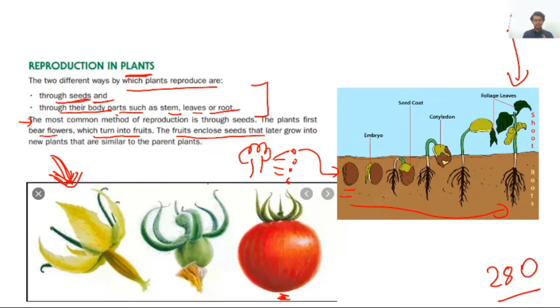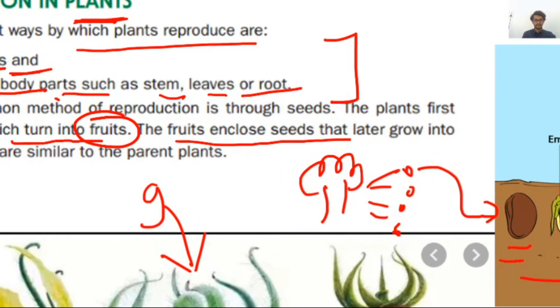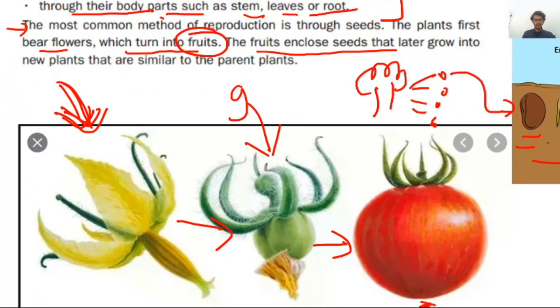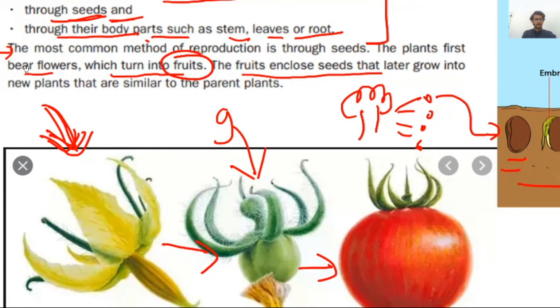Now this flower will grow. This is a grown flower, and this flower will now become a fruit. Let me zoom in. You see, it turns into a fruit.